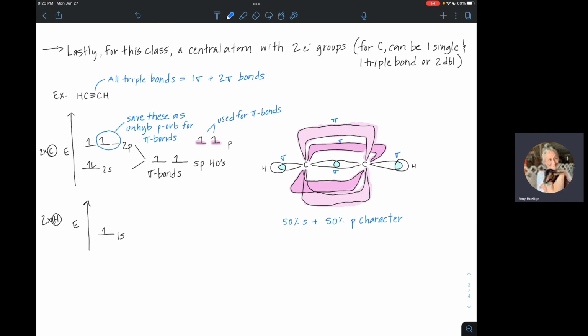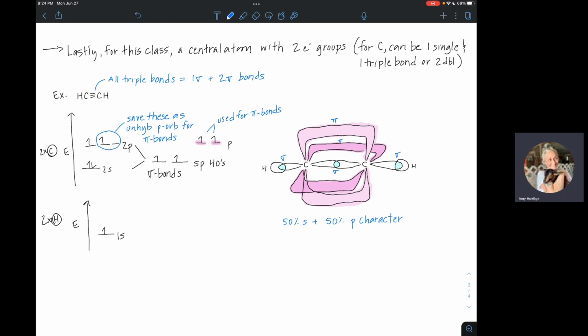So 50% is greater than 33%, which is greater than 25%, right? So the greater the S character, the stronger the bond. So a triple bond is shorter and stronger than a double bond, which is shorter and stronger than a single bond.